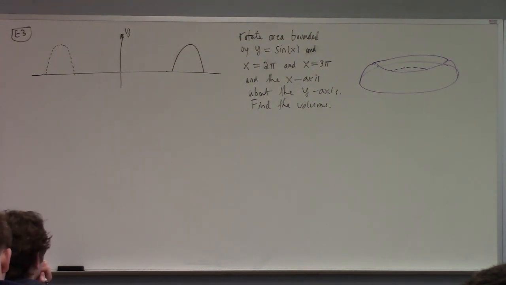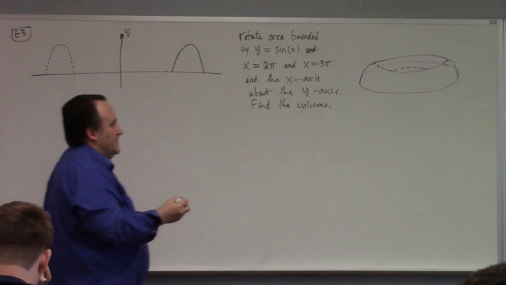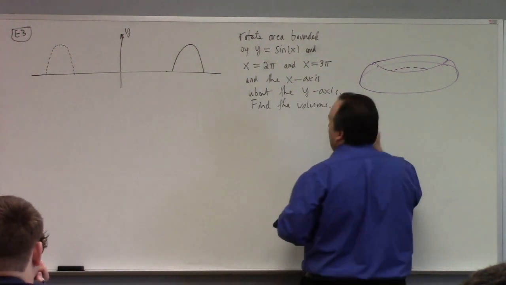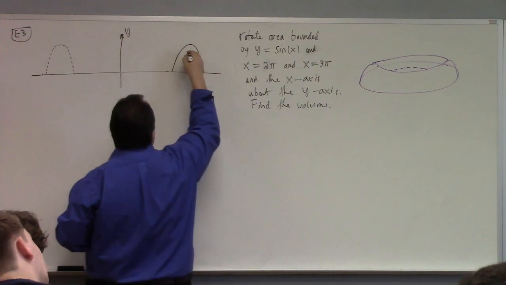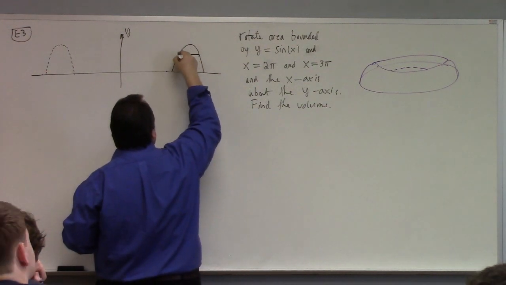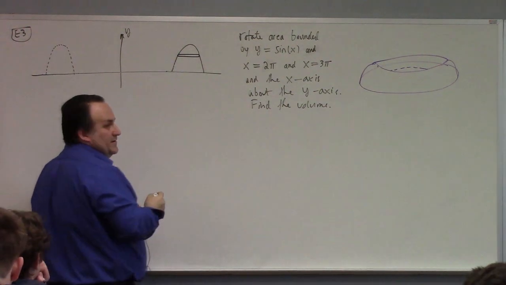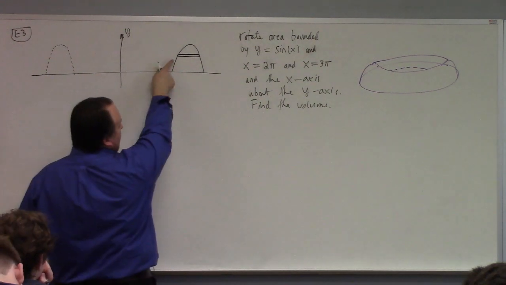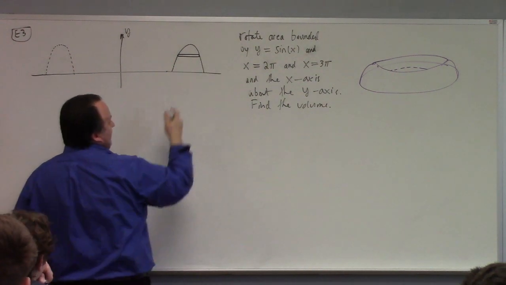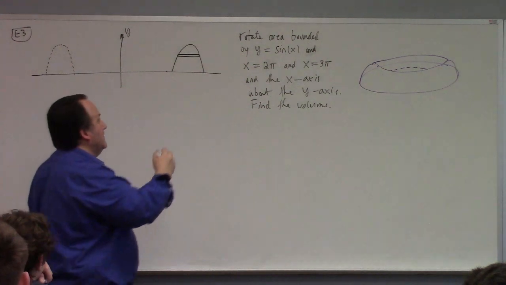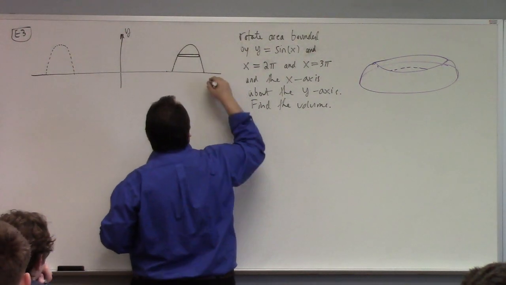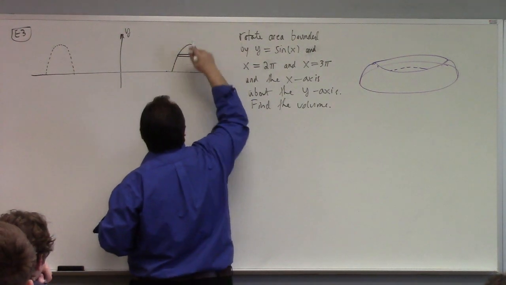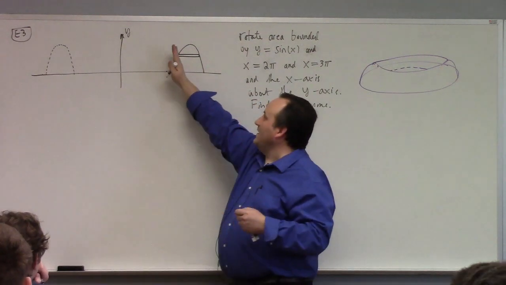So what's the problem with washers here? If you were to try to use a washer method here, both the inside and the outside radius would be given by y equals sine x. So you'd have to use y equals sine x for both.